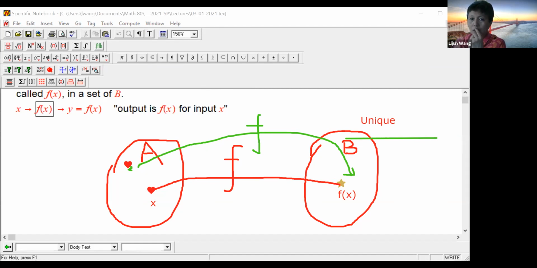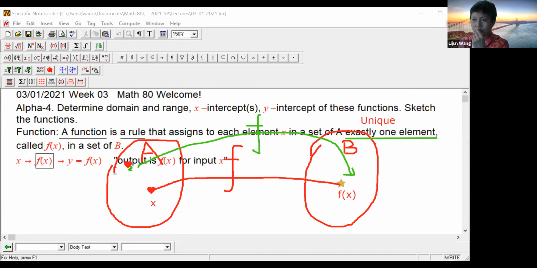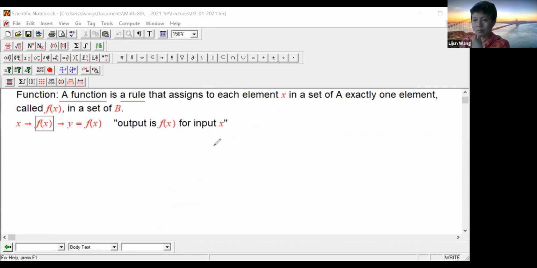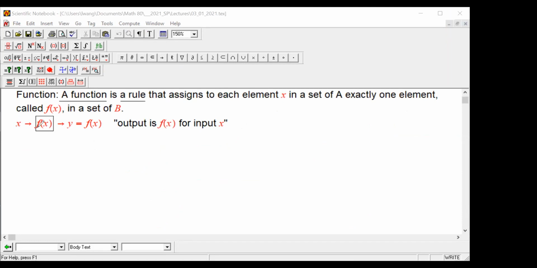Okay, now let's look at the first function. The first function is f of x equals c. I'm going to erase all of these. Do you guys understand this notation? Input x, output f of x.